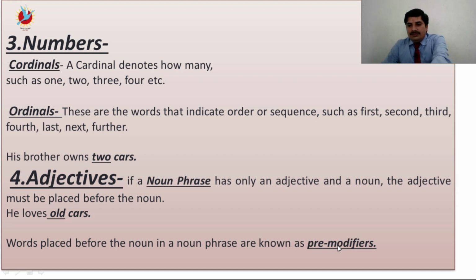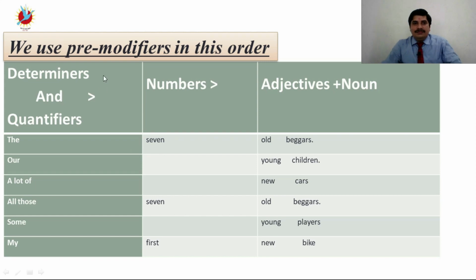Now we will know the order of these pre-modifiers. They should be used in this order: determiners and quantifiers, then numbers, then adjective plus noun. If there are many words in the noun phrase, their sequence should be like this: determiners and quantifiers, numbers, adjective plus noun.